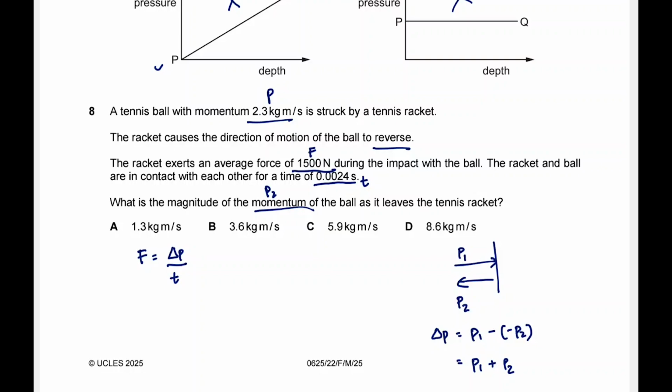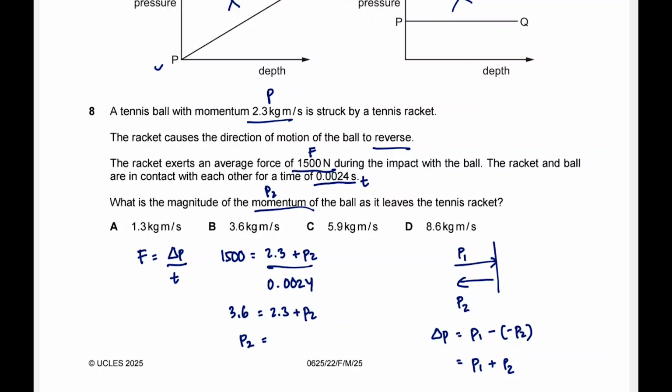So putting the values into this formula, 1500 equals P1, which is 2.3, plus P2, divided by the time, 0.0024. 1500 times 0.0024 is 3.6, which equals 2.3 plus P2.